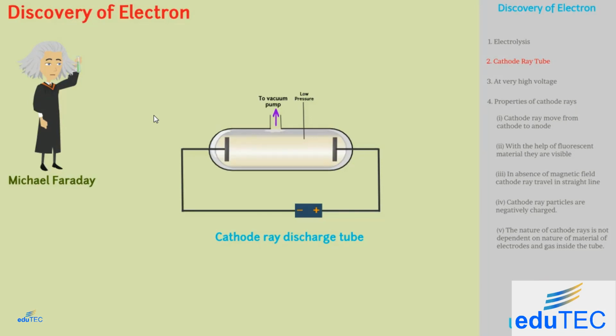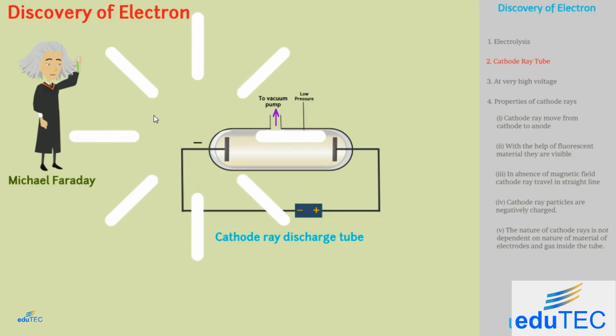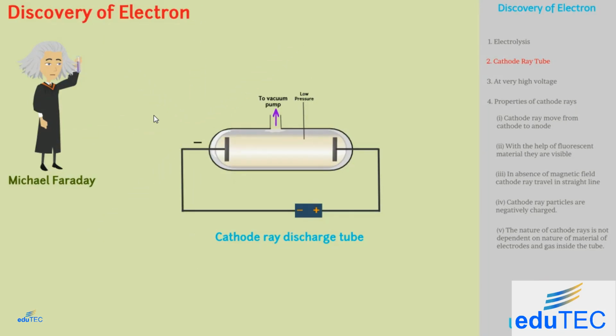The metal electrode which is connected to negative terminal of voltage source is called cathode. And the metal electrode that is connected to positive terminal of voltage source is called anode.